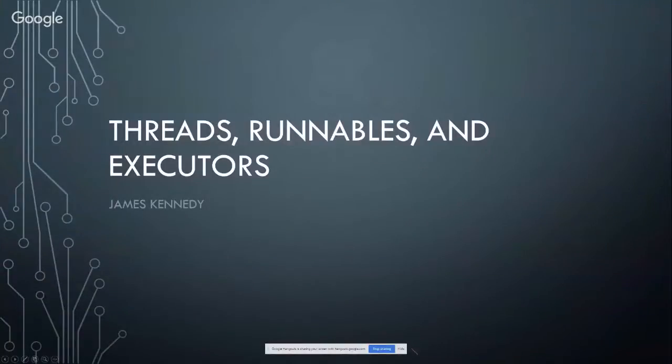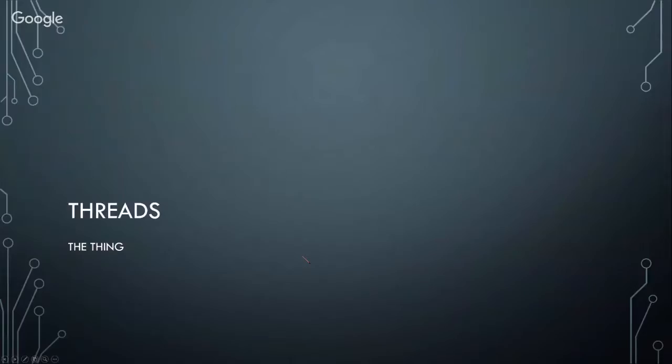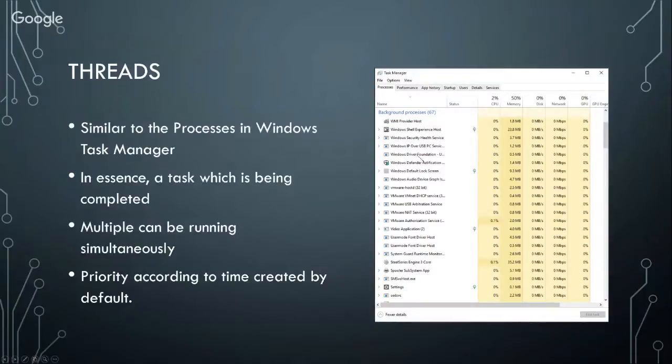So I did some research on threads, runnables, and executors, and it turns out that they're basically just three aspects of code execution. Threads are the thing that's actually doing stuff. They're basically like processes in the background on your Windows Task Manager.